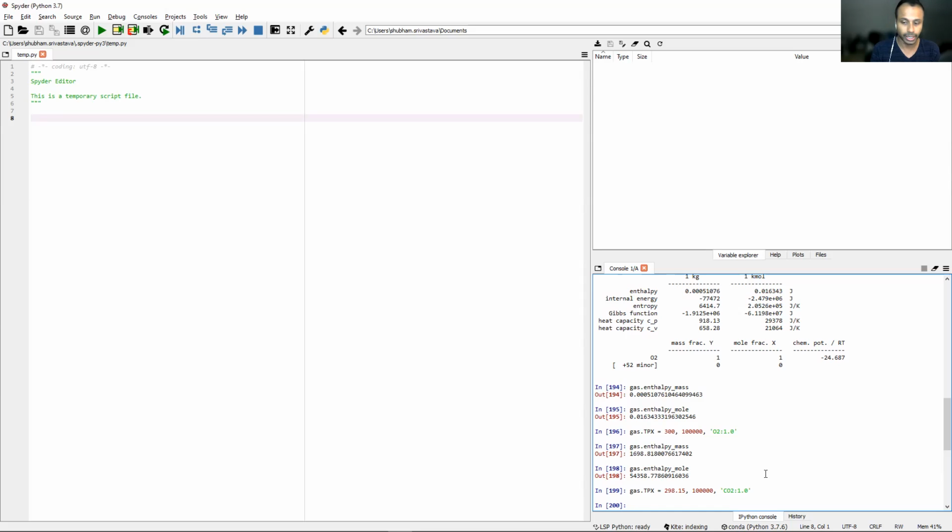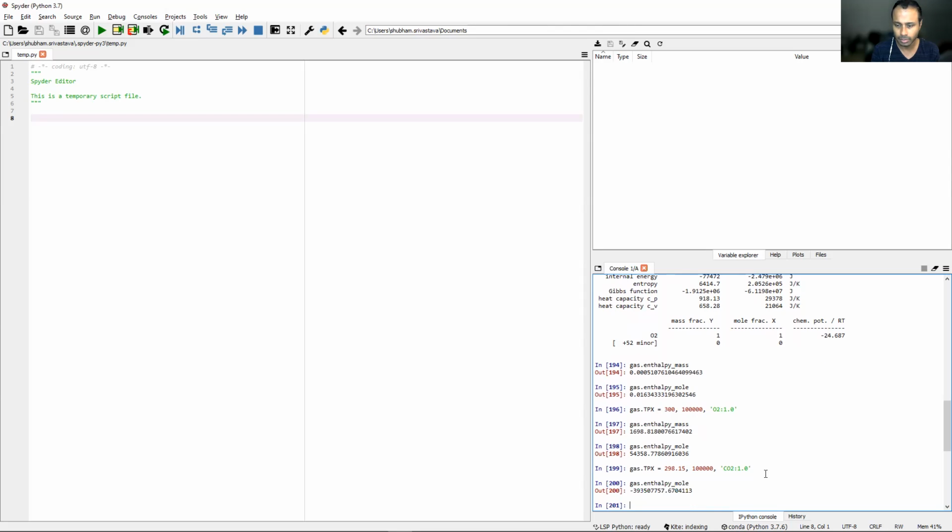Now if I go ahead and look at the enthalpy, let's look at mole. It shows minus 393,507,757 joules per kilomole.